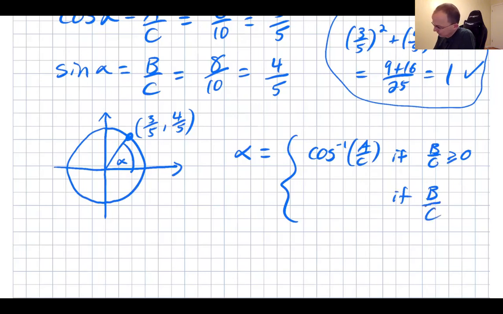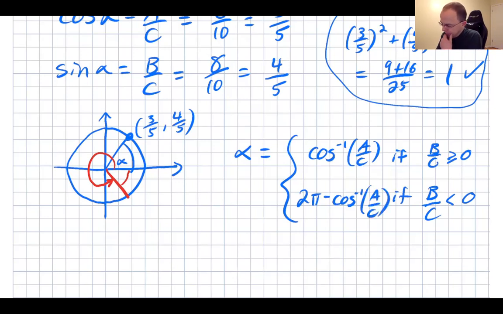But if B over C is negative, then that puts us down here in this portion of the unit circle. And in that case, when we do cos inverse, we would actually get an angle which is down here instead. So we'll actually compute this angle here, but that's not the angle we want. We want this angle here, right? So in that case, we would want to do 2 pi minus cosine inverse of A over C.